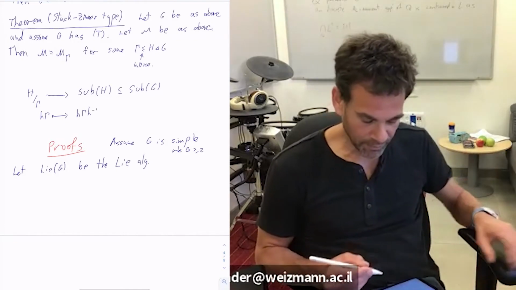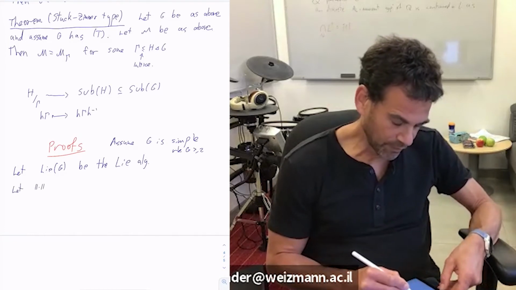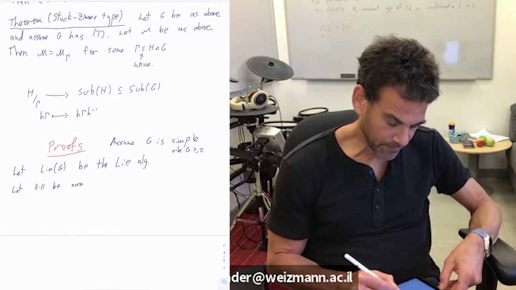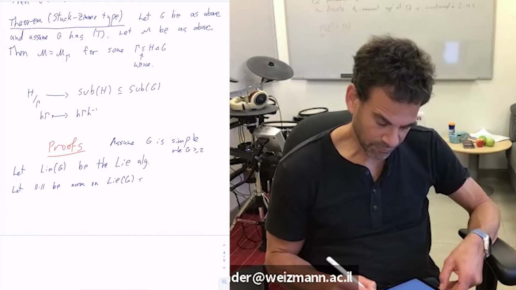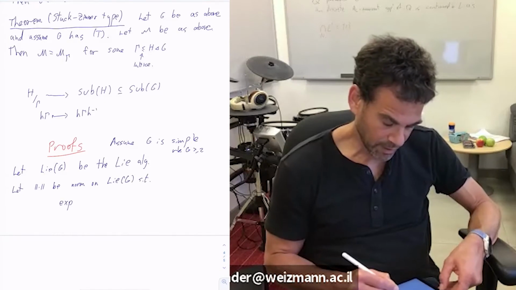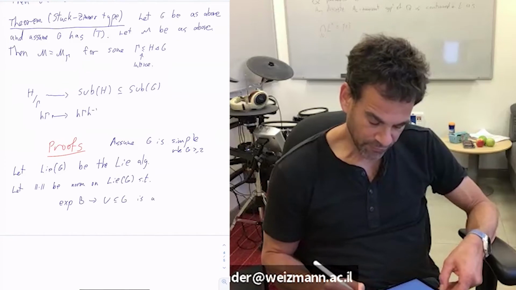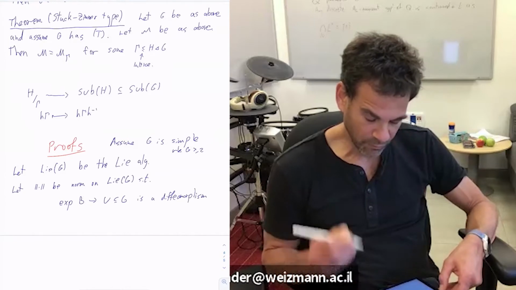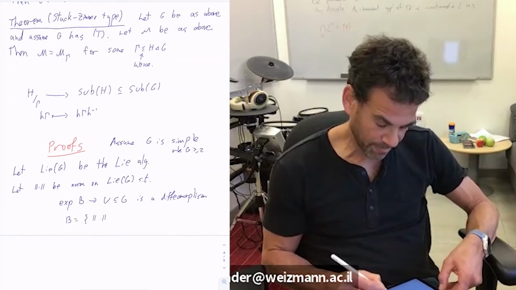So, consider the Lie algebra, and let's fix a norm on the Lie algebra such that the exponential map from the unit ball B to, let's say, U inside G is a one-to-one diffeomorphism.